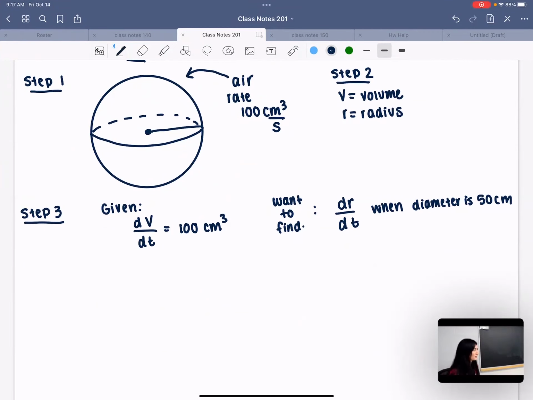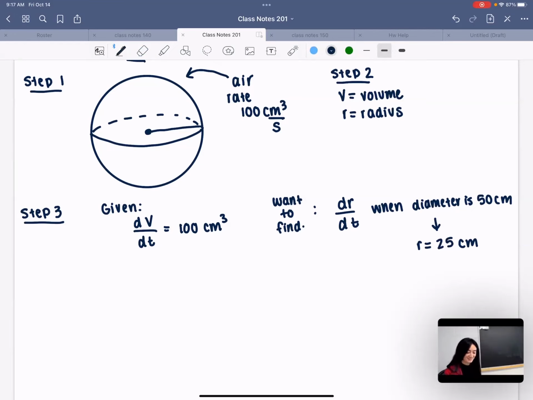Any ideas on how to change that into one symbol? Yeah, divide by 2. The diameter is just the radius times 2, right? So if I divide this by 2, this means that the radius is 50 centimeters. Oh, sorry, 25.